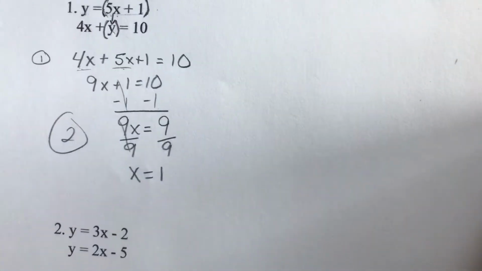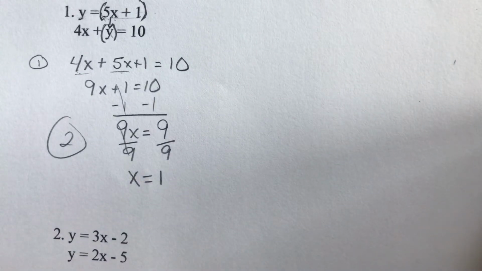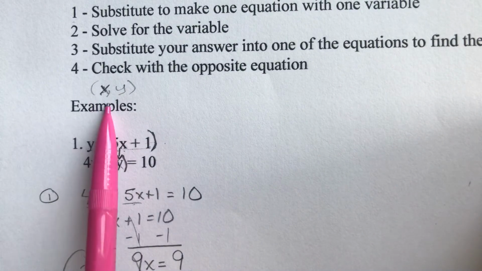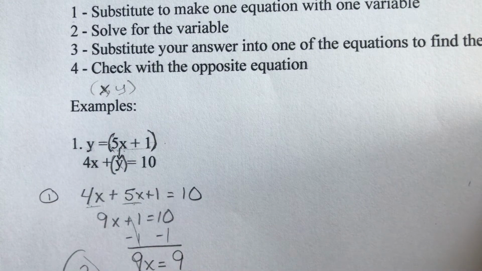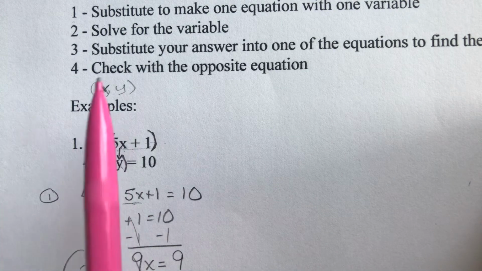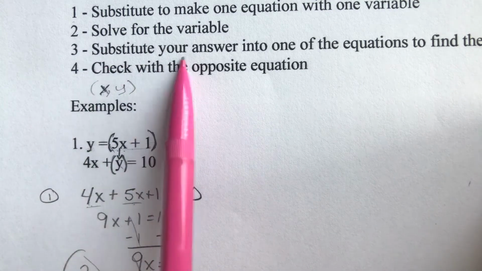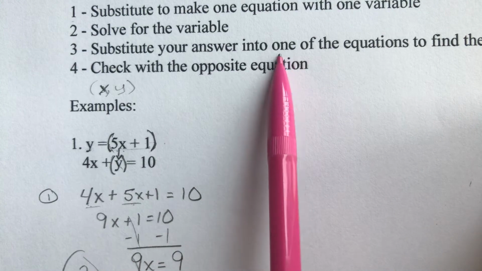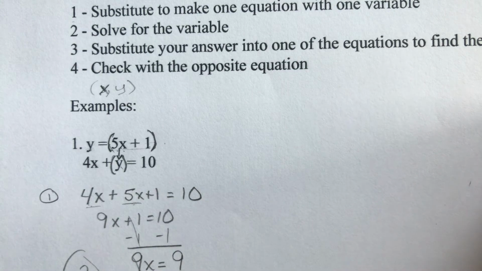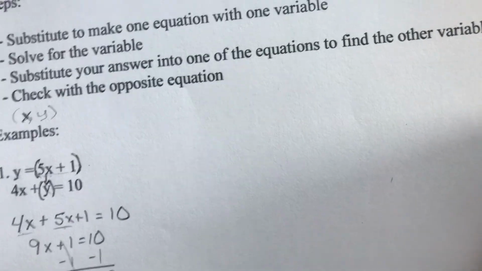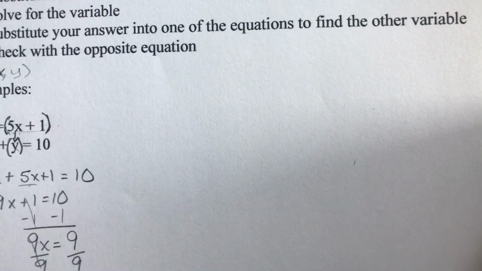Step 3. I'm going to substitute in my answer. This is only half of the answer. Remember, our goal is to get a coordinate. We found the x, so now I've got to do step 3. I'm going to substitute my answer into one of the equations to find the other variable.